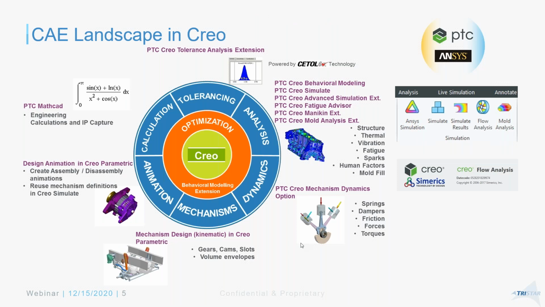First of all, many of you may have used some of these tools. Some of you may or may not have used these, but what you're seeing here is pretty much the computer-aided engineering landscape in Creo. Over several years, right from the old Pro Engineer days to current Creo 7, PTC has had quite a few analysis tools, right?